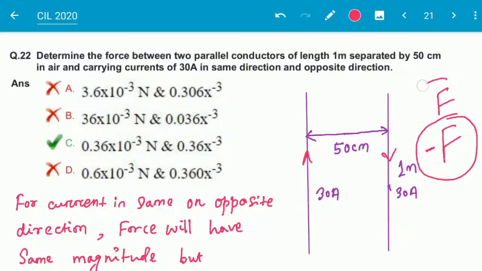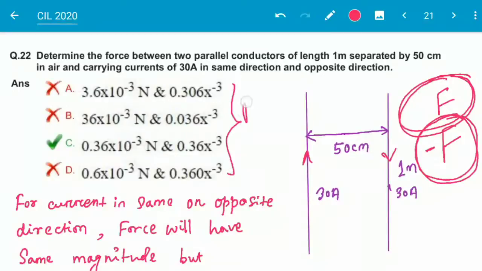That means one is attractive, another is repulsive, but the magnitude is the same. Here in the options there is no direction. Hence, if we compare the terms, here 3.6, here 0.306, this is not the correct answer.